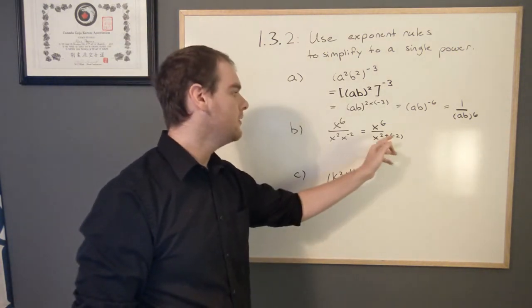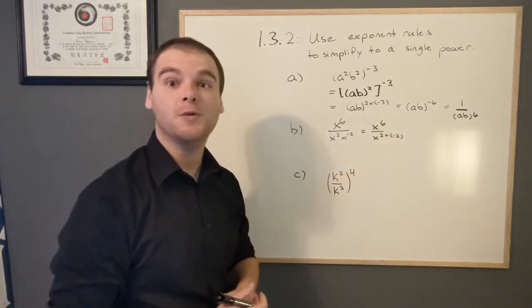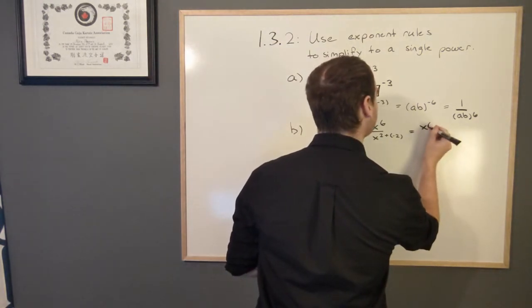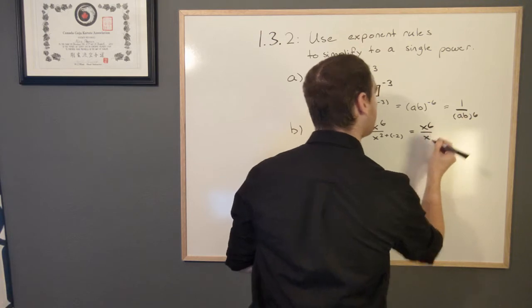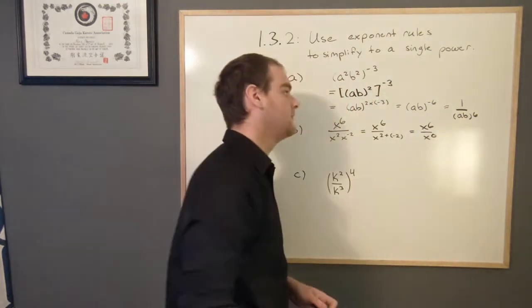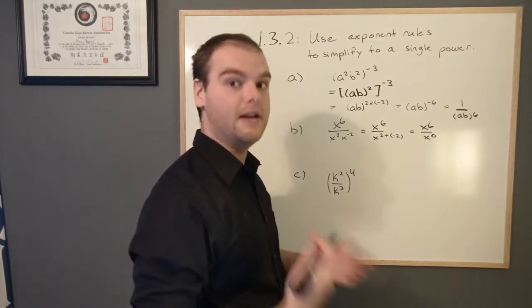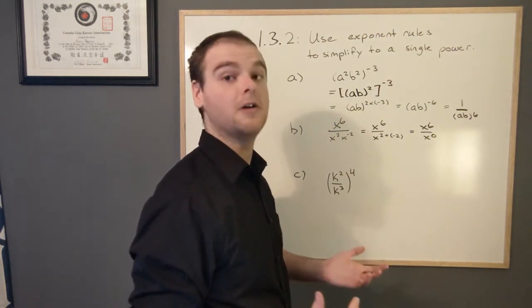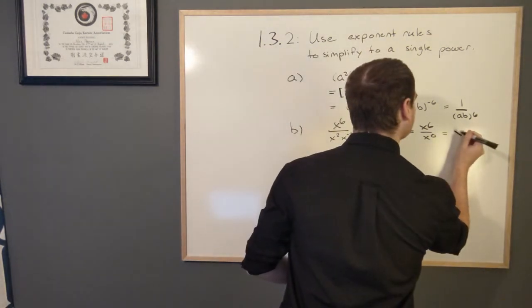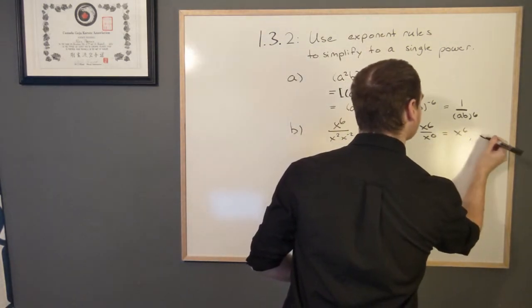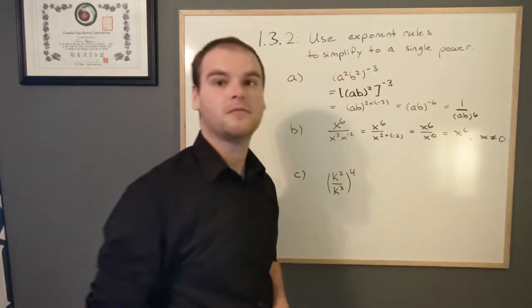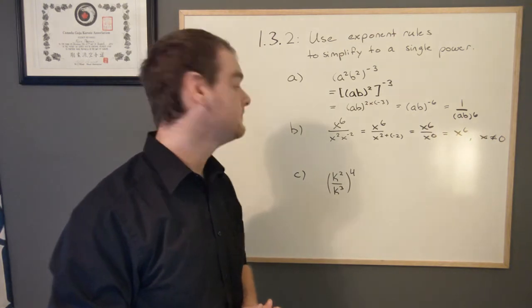So we have 2 plus negative 2, which is just 2 subtract 2, and then we're left with 0. But anything to the power of 0, as long as it's not 0, is 1. And we're left with x to the 6.